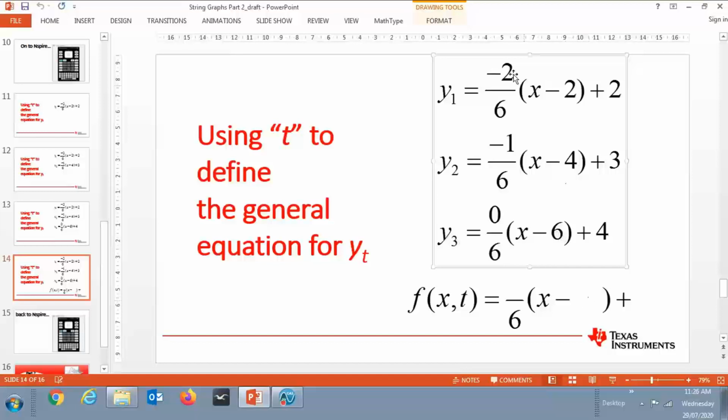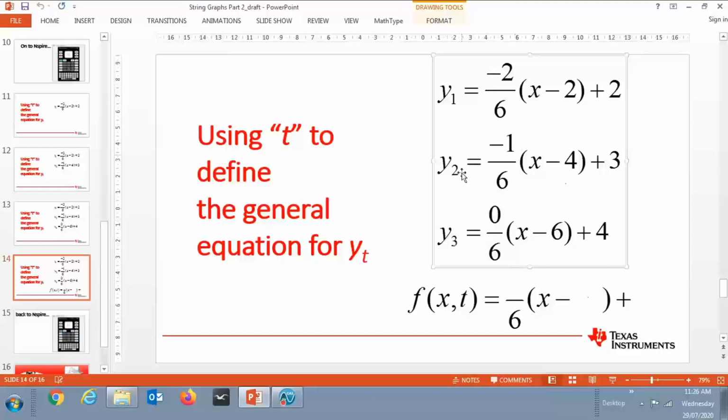And finally, negative 2, how does that compare to 1? Negative 1, how does that compare to 2? 0, how does that compare to 3? I'm hoping that you can see that the number that's in the numerator of the gradient, as long as the denominator is 6, the number that's in the numerator is 3 less than the value of t.